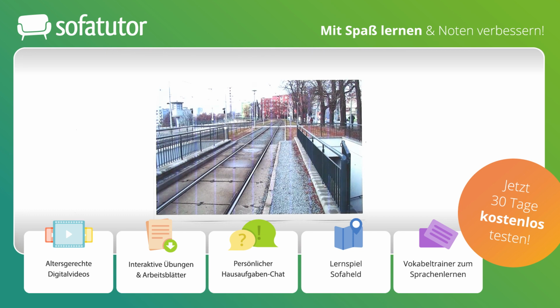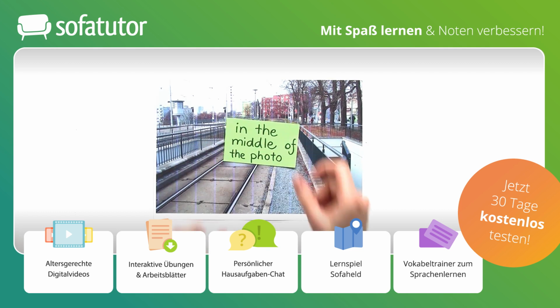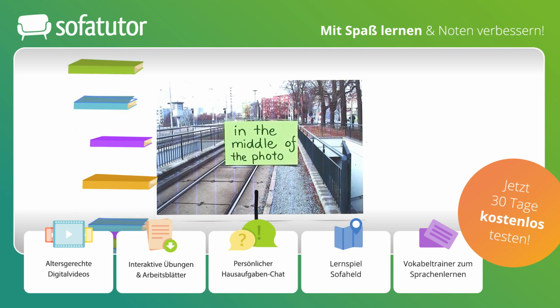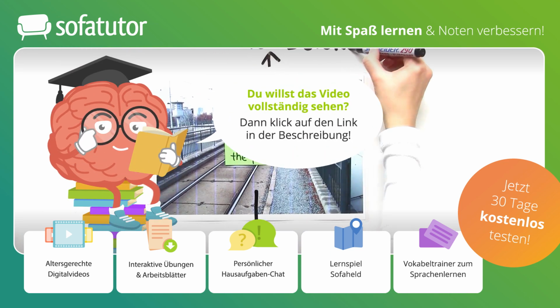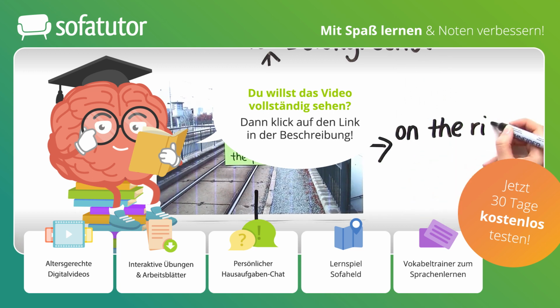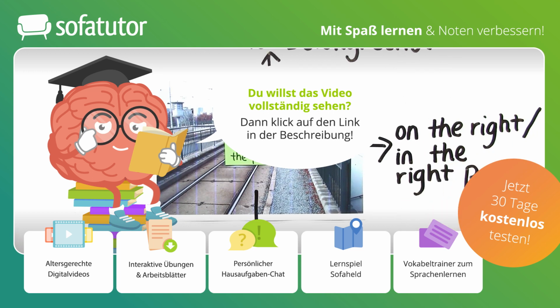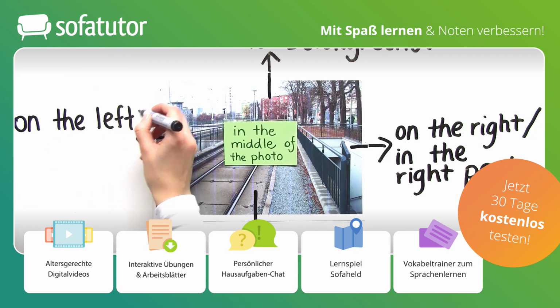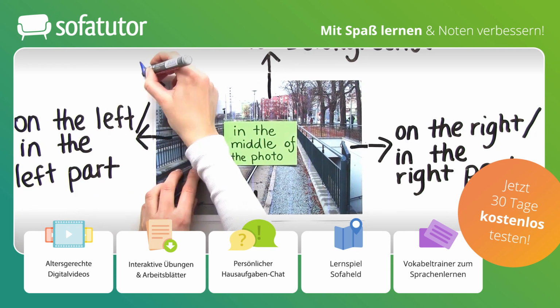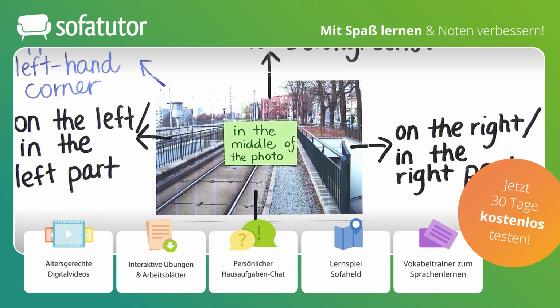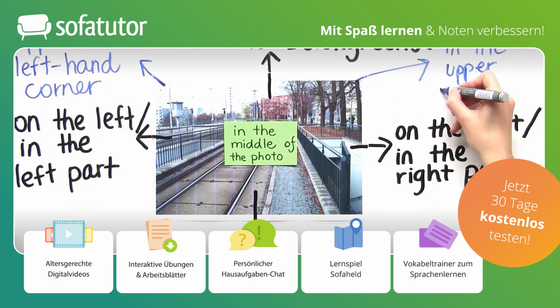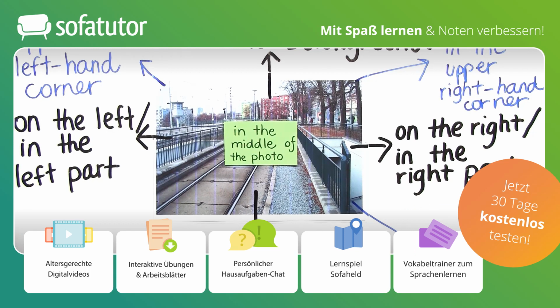Before I show you an example of how you can write this, let me show you a few phrases for describing details. In the middle of the photo, in the foreground, in the background, on the right, in the right part, on the left, in the left part, in the upper left-hand corner, in the upper right-hand corner, in the bottom right-hand corner, in the bottom left-hand corner.